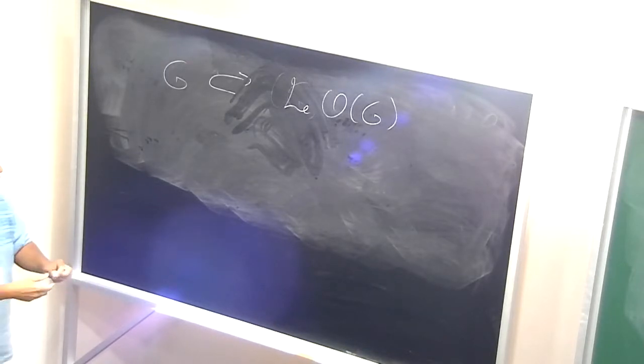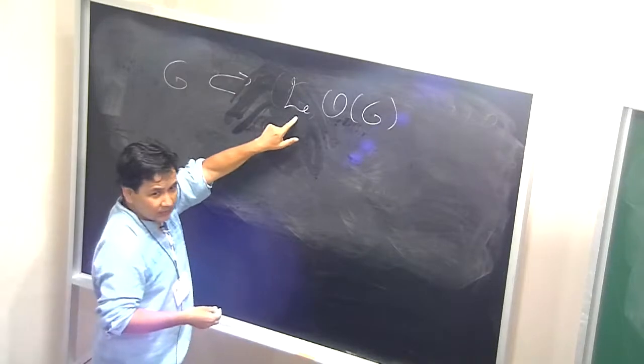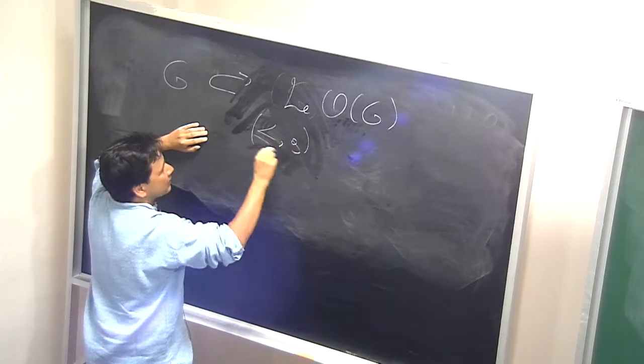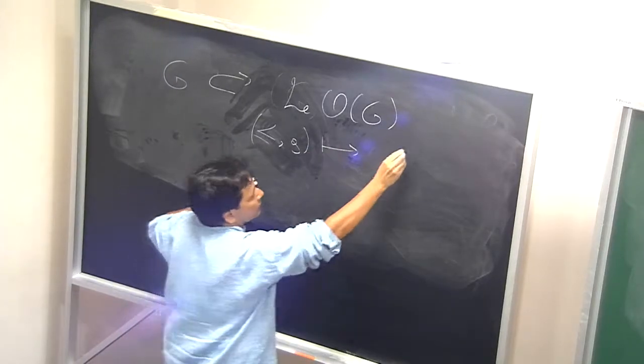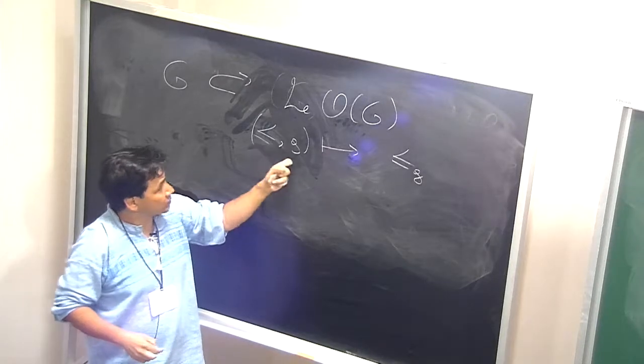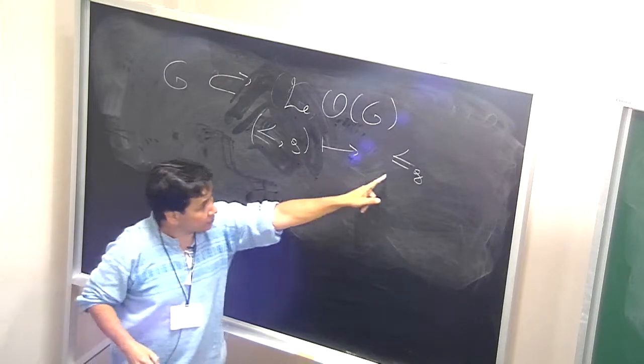Okay? So if you have an order, and if you have a group element, then you have a new order that I will denote this way, which is the image of this order by this element. And this order is defined this way.